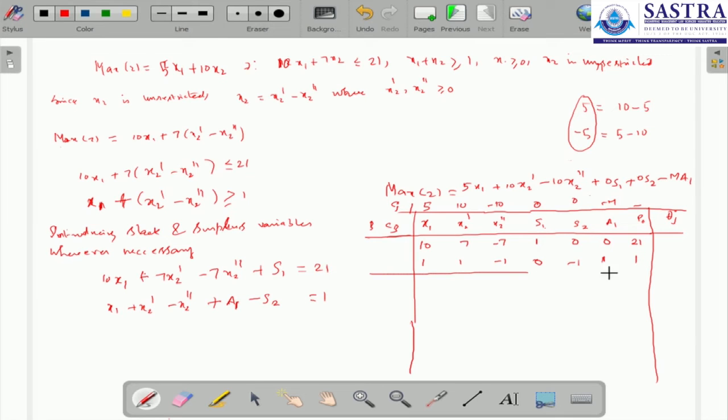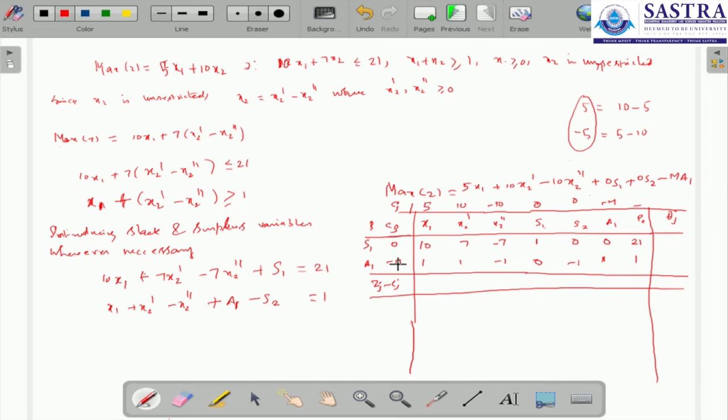Next, I need to go for the computation of Zj minus Cj, where I have the unit matrix available in the S1 and A1 columns. So let me put S1 here and A1 here. S1 cost is 0, A1 cost is minus M. Right. So Zj minus Cj is XB times CB minus Cj.